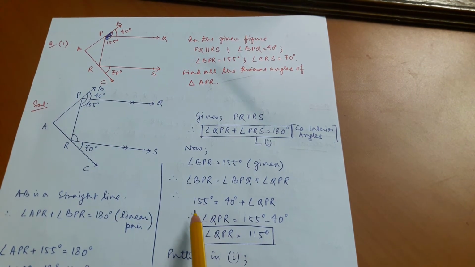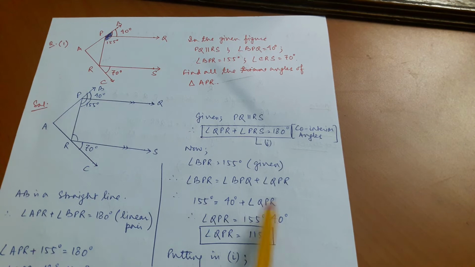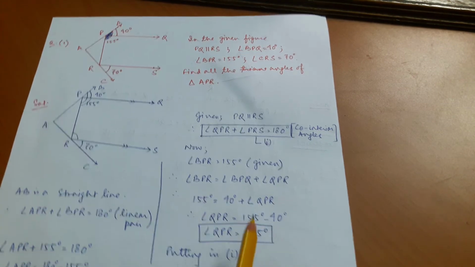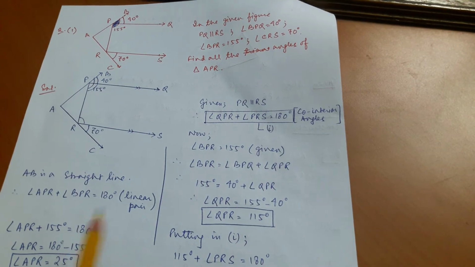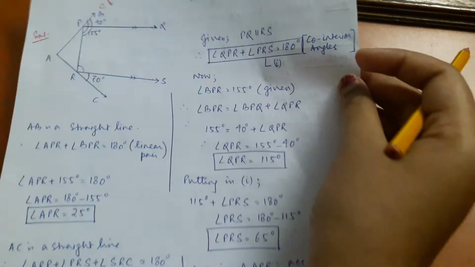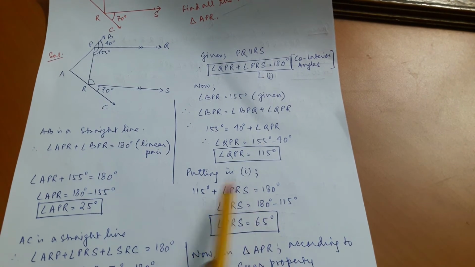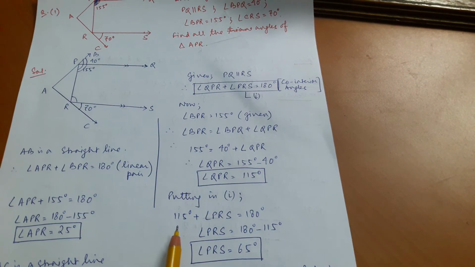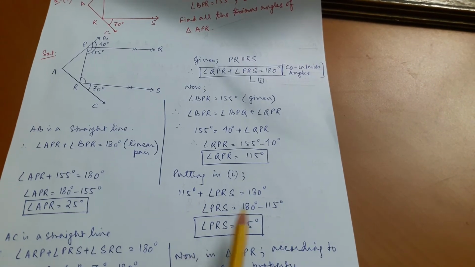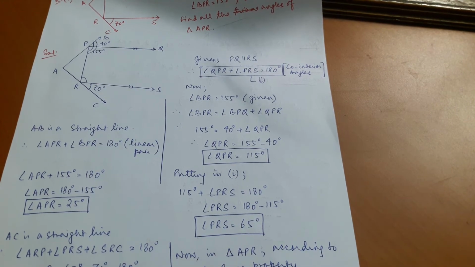Now BPR we already know is 155 degrees. BPQ is also given as 40 degrees. So we can easily find the value of angle QPR, and we get 155 degrees minus 40, which is 115 degrees. Now putting this value in equation 1, we get 115 degrees plus angle PRS equals 180 degrees. So ultimately we get angle PRS equals 65 degrees.